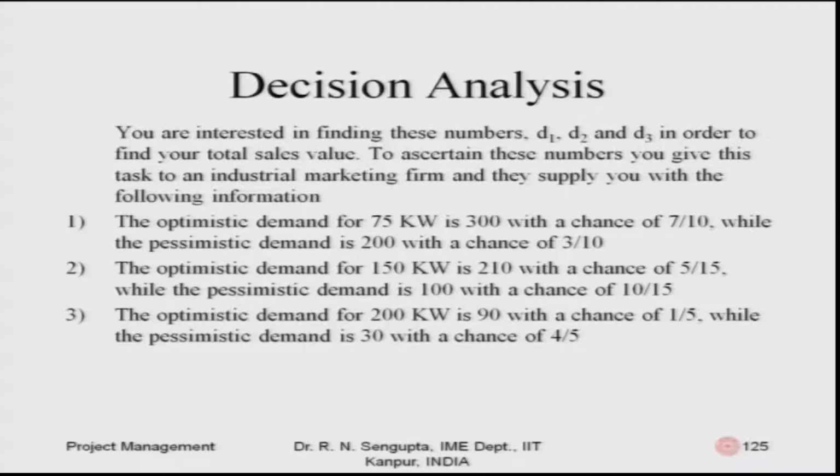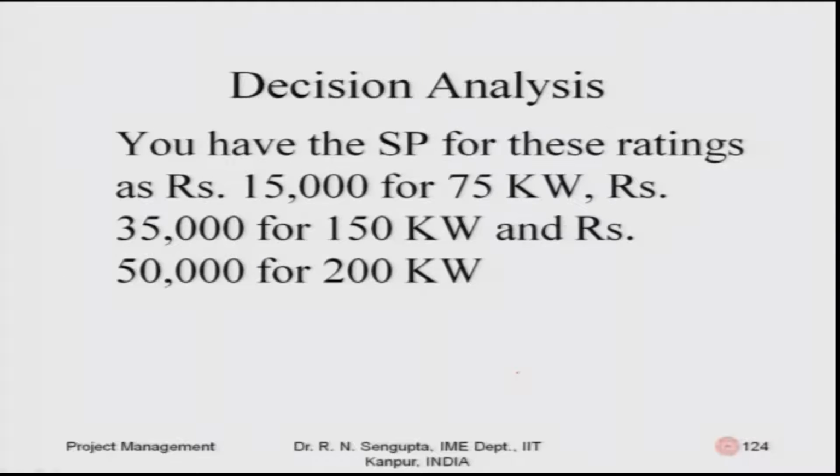Let me write it in a very simple manner. You have the selling price given as 15,000, 35,000 and 50,000, and I want to sum up for all three.